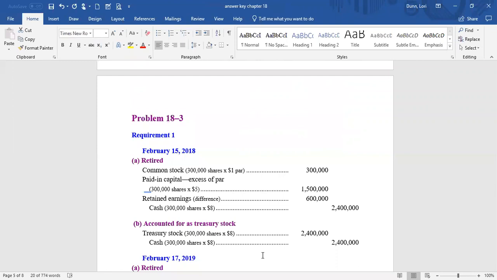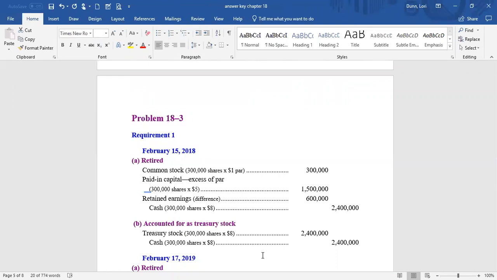National Supply shareholders' equity includes the following accounts at December 31st, 2017. So they have a common stock account. 6 million shares are issued at $1 par. Paid-in capital in excess of par, so the amount they received above $6 million when they originally sold this, was $30 million, and then retained earnings has a balance of $86,500,000.